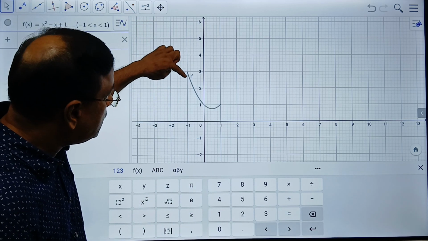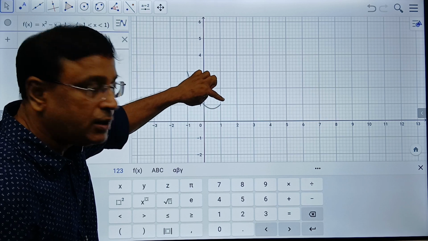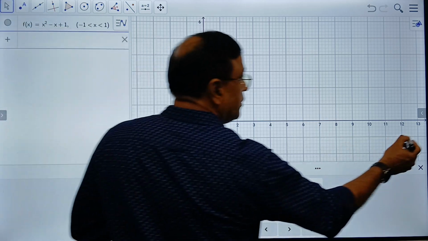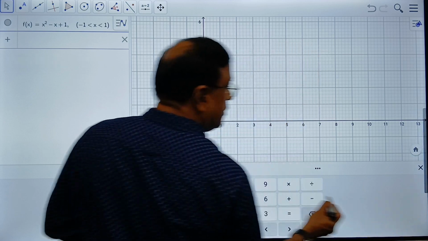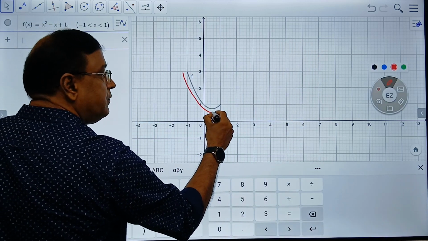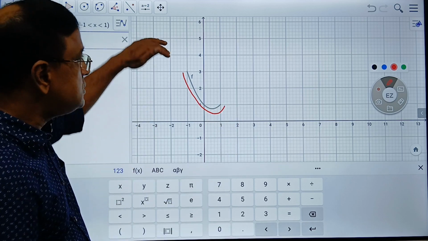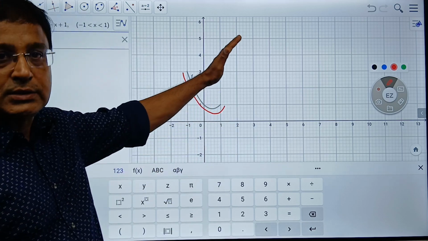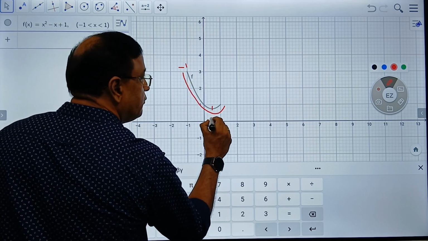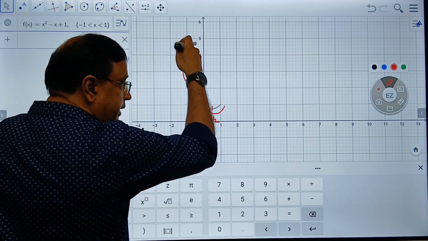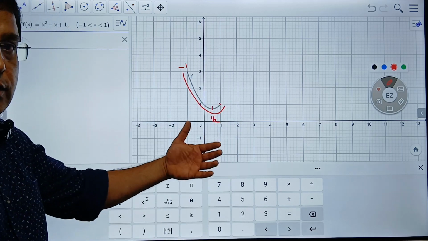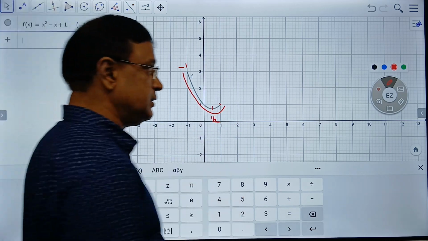You see, some part of it is decreasing, some part of it is increasing. From here to here it is decreasing, and then it is increasing. So the function is neither increasing nor decreasing. From minus 1, I think this is half. From minus 1 to half, it's decreasing. And then from half to 1, it is increasing. So I can say the function is neither increasing nor decreasing.